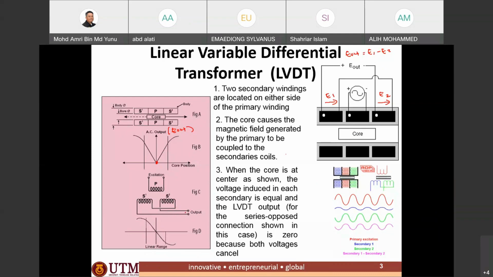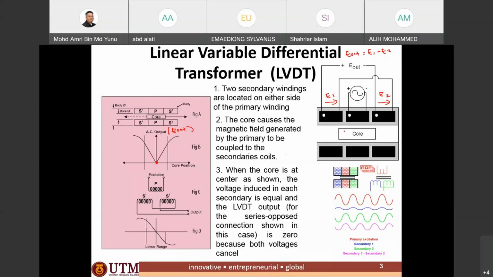So the total output will be the difference of the EMF generated between the first part of the secondary and the second part of the secondary windings.